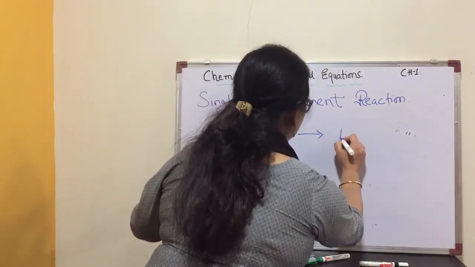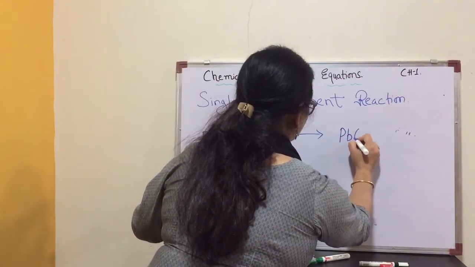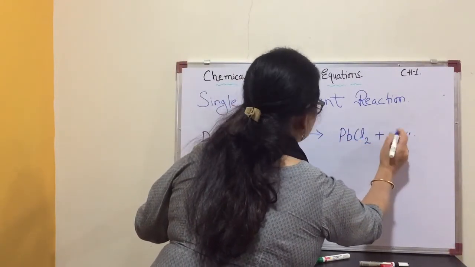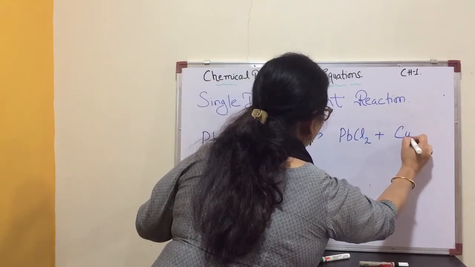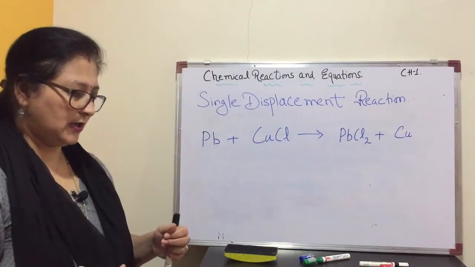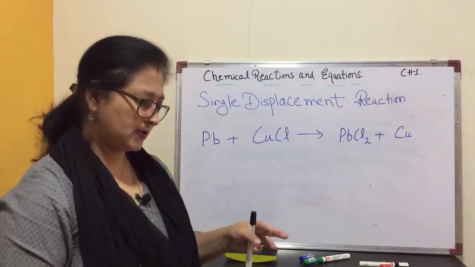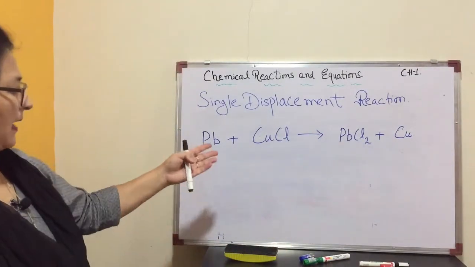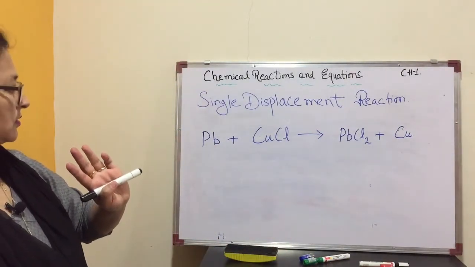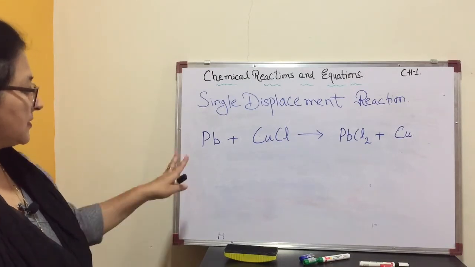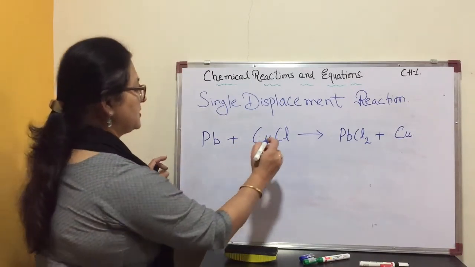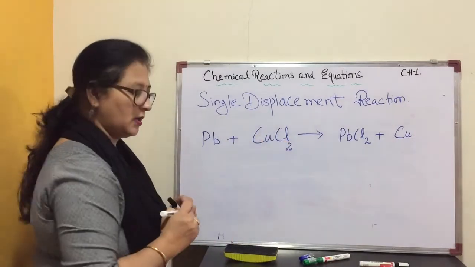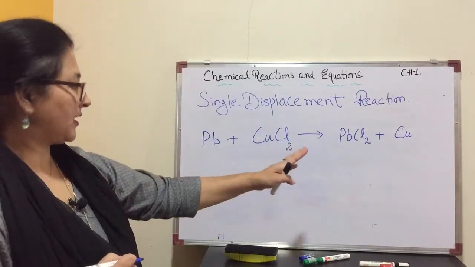What you will get is PbCl2 plus Cu. This is a balanced reaction. Is it a balanced reaction? CuCl2, copper chloride. So it is a balanced reaction.